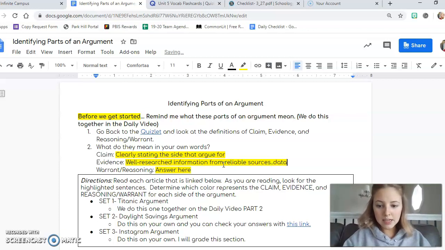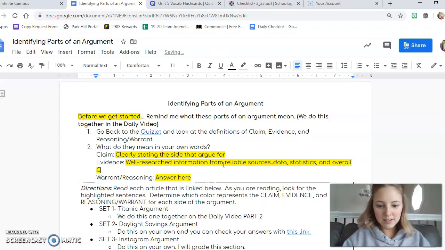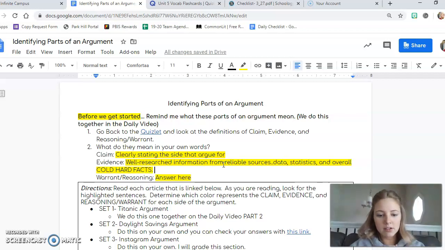We might think about data, statistics, and overall cold, hard facts, right?